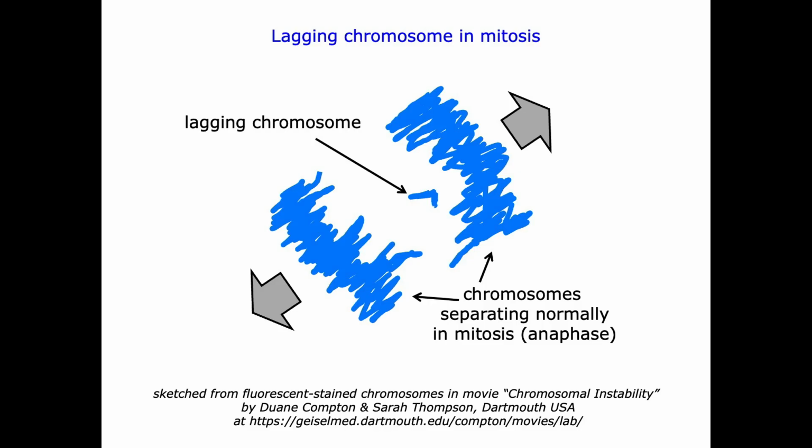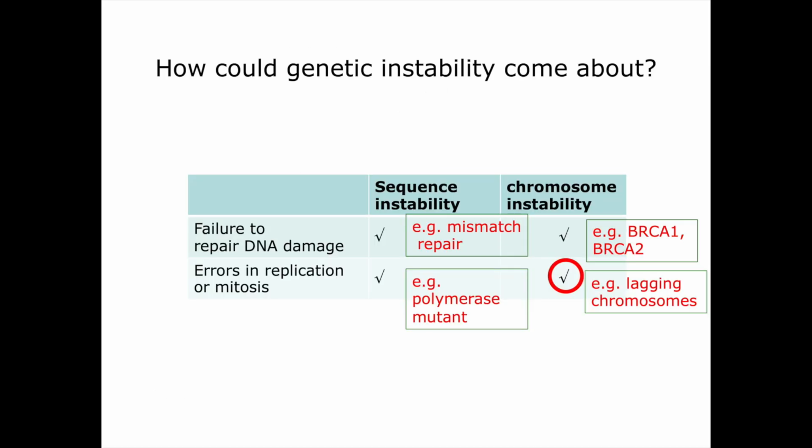It's in the middle between the two bunches of chromosomes which are moving out towards the spindle poles. This chromosome got left behind. It may end up in the wrong cell, or it may end up being pulled apart and broken. This lagging chromosome mechanism has been shown to lead to quite catastrophic changes in individual chromosomes. There are probably other mechanisms as well.